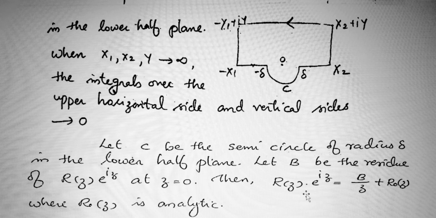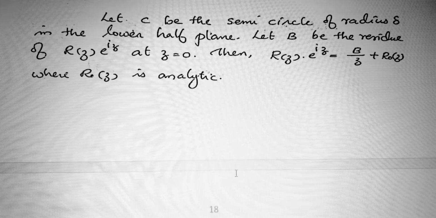Therefore, at the origin z equal to 0, the residue is b, therefore this term can be written as b by z, which is the coefficient of 1 by z. Therefore, r of z into e raised to iz can be written as b by z plus r naught of z, where r naught of z is analytic.